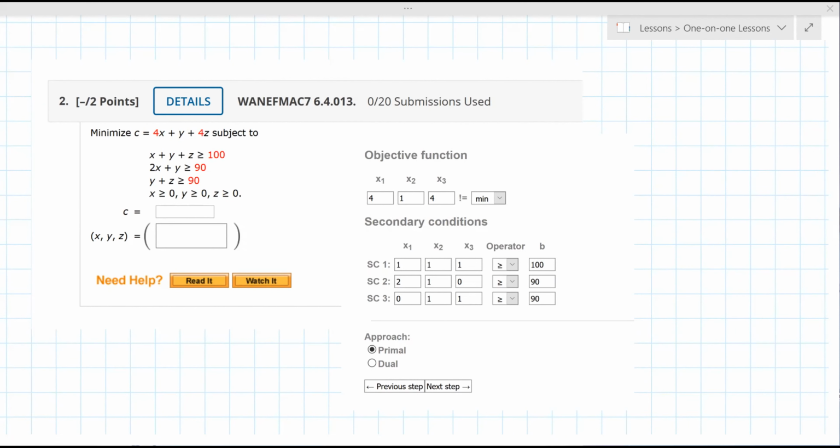So the solution is it cannot be determined. Wow. Okay. Did I miss something? 4, 1, 4, minimize that. Maybe that's the problem. Let me just try this one more way. Just rerunning the calculator here.